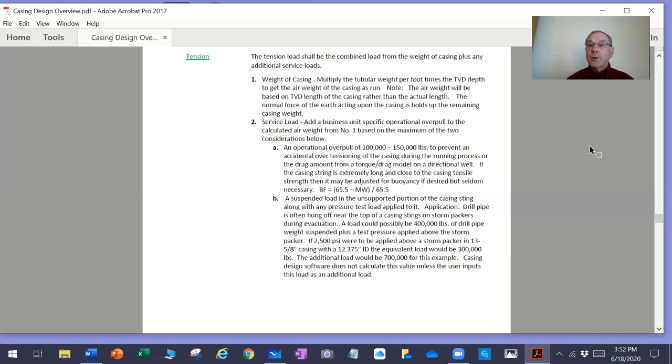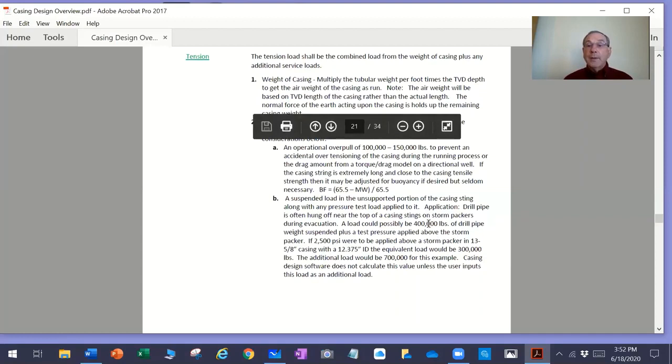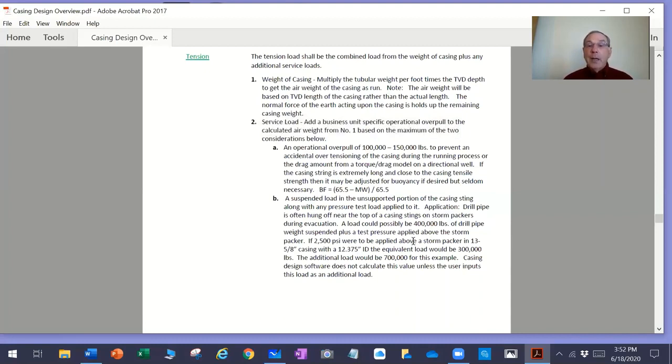And then you're going to pressure up on top of the storm packer before you disconnect the storm packer, and you're going to do a little pressure test to make sure you have integrity on your BOPs. Okay, so in this example, if I were to hang off 400,000 pounds of drill pipe weight suspended in the casing, and then I pressured up on top of the 13 and 5/8 packer to 2,500 PSI, that would be an additional load of 300,000 pounds.